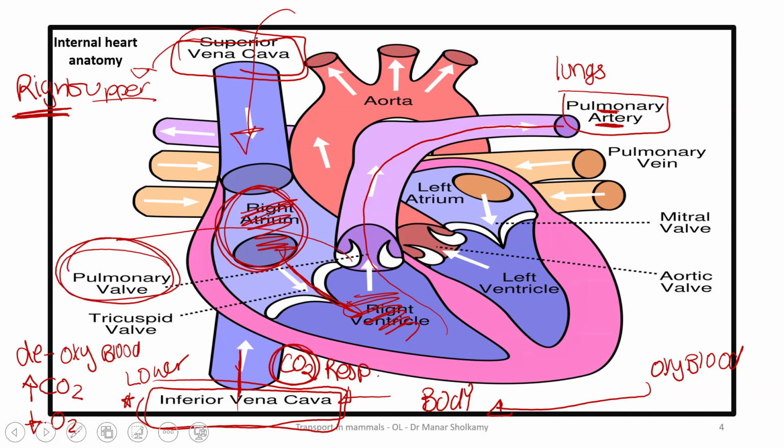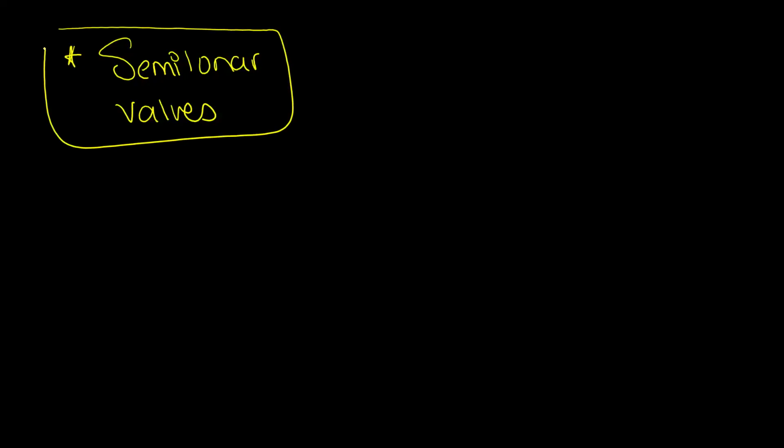Very good. Now, the last thing I will mention before I go back to the internal heart anatomy, this is actually half the lesson. The other set of valves that you should know their name for year 10, the semi-lunar valves. These semilunar valves are the two valves that are found in the heart below the arteries.